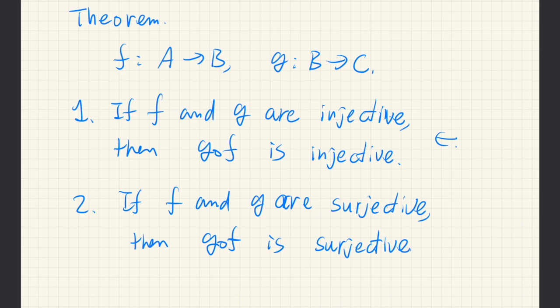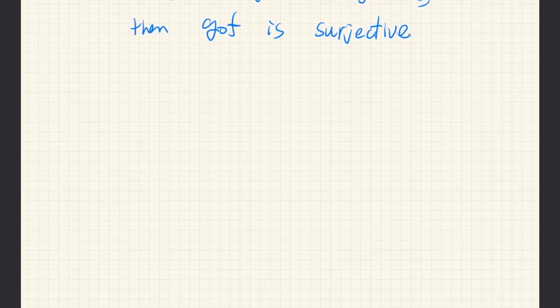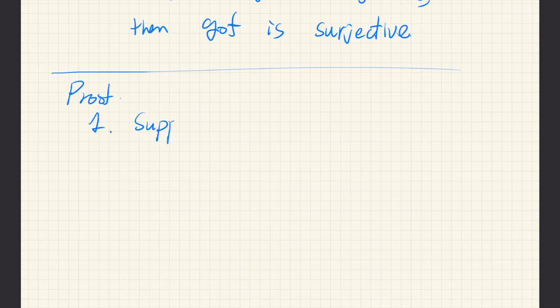Remember what injective means? So this says if f and g are injective, so we assume f and g are injective to begin with, okay? Proof. So suppose f and g are injective. Then what does this mean?